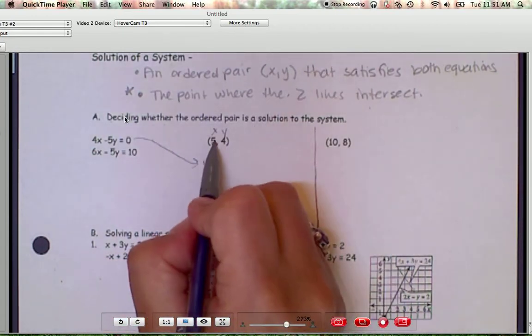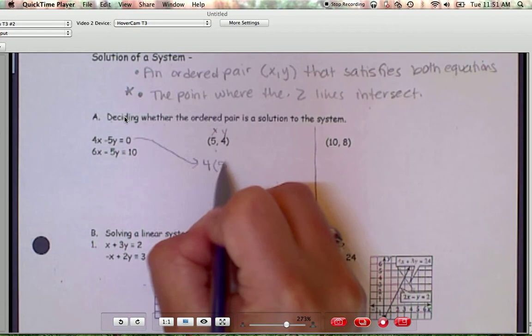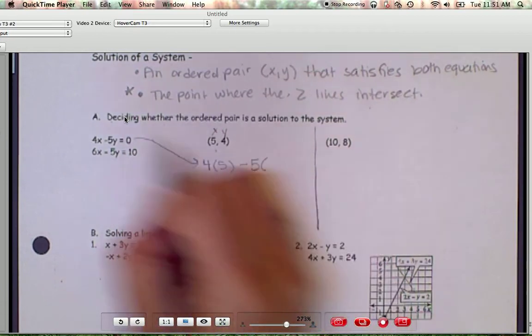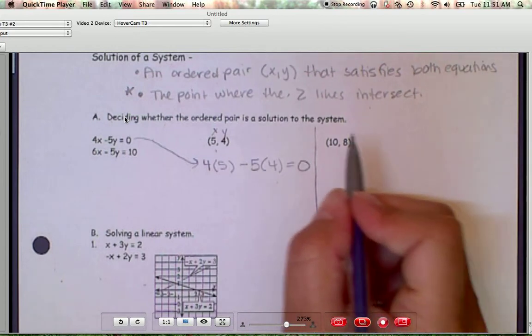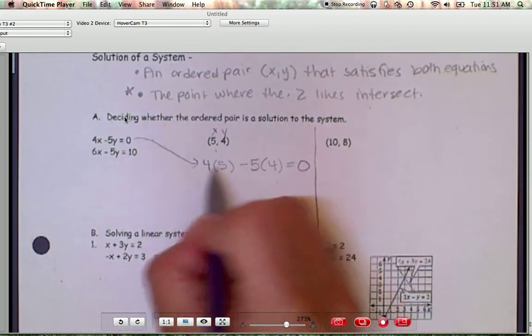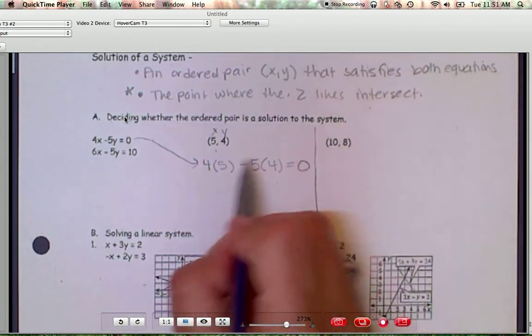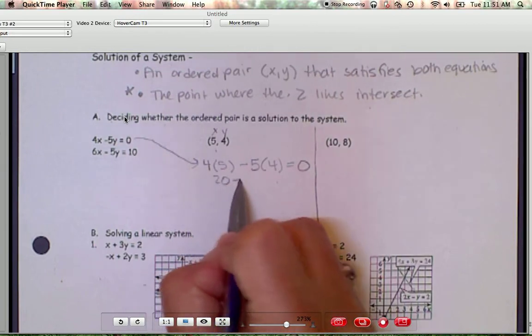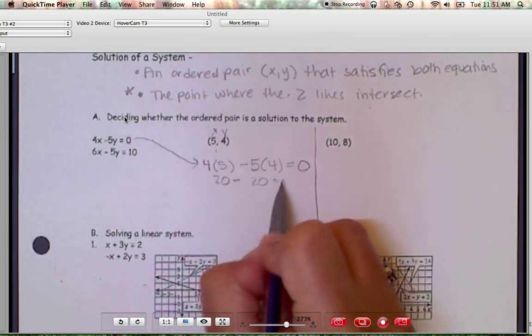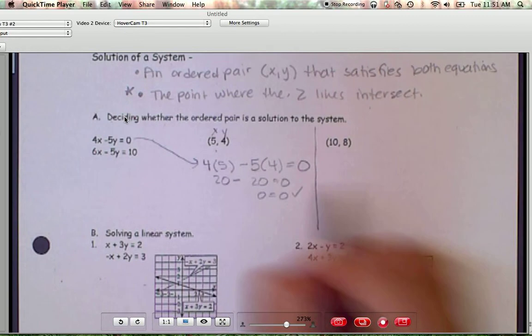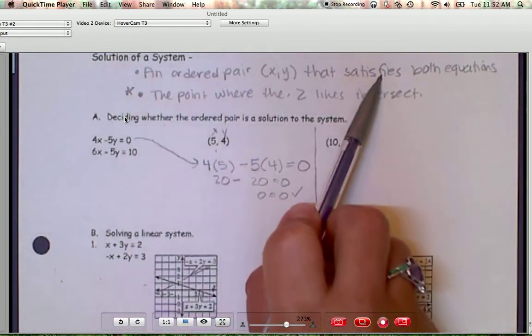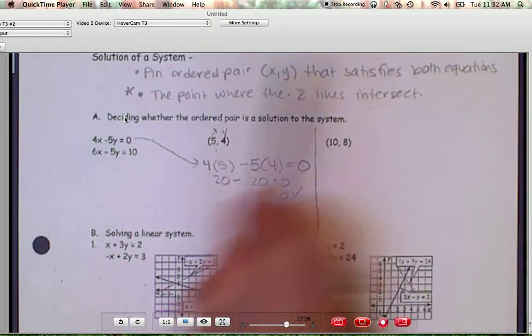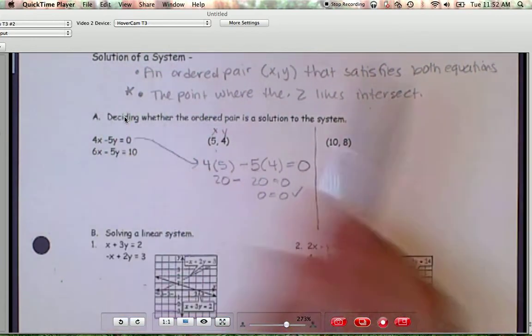So we're going to start with this equation first. 4 times your x value, which is 5, minus 5 times your y value, which is 4, equals 0. And then we simplify the left side and see if it's equal to 0. So 20 minus 20 equals 0, and 0 does equal 0. So that one does work. But again, an ordered pair has to satisfy both equations to be a solution of the system.